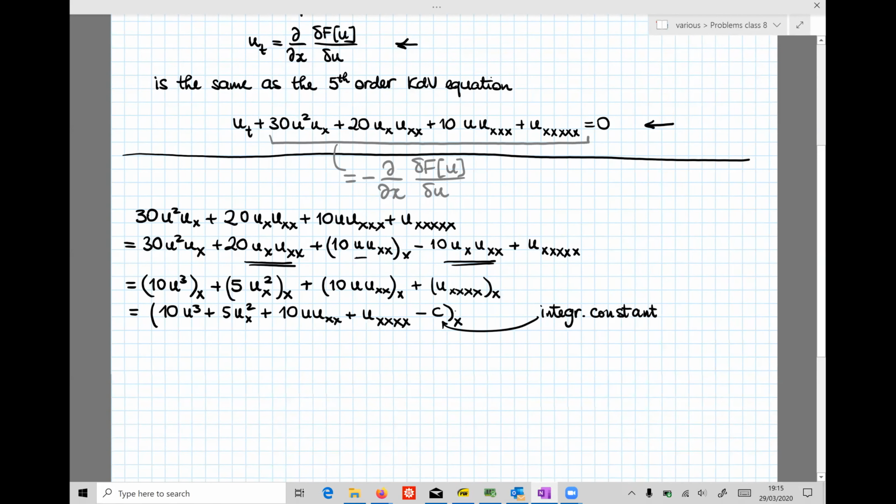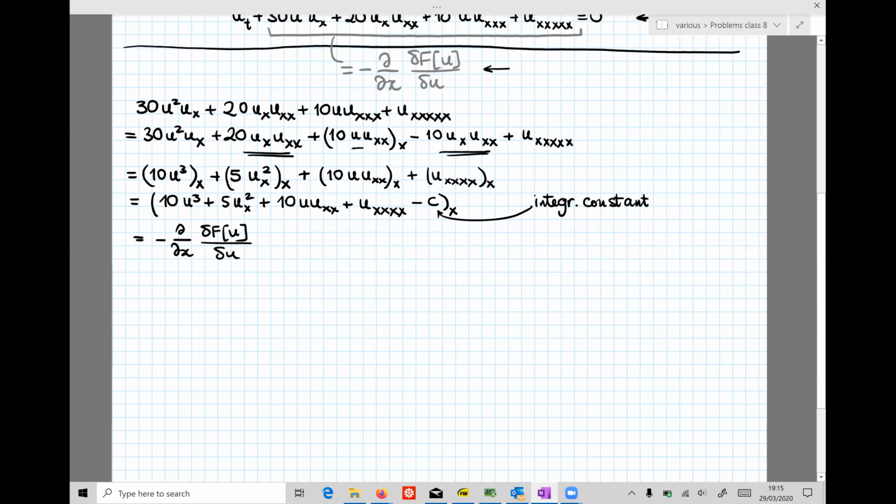Okay, so this expression here, we should identify, if we look at the equation above and this one here, as minus the x derivative of the functional derivative of capital F of u with respect to u.